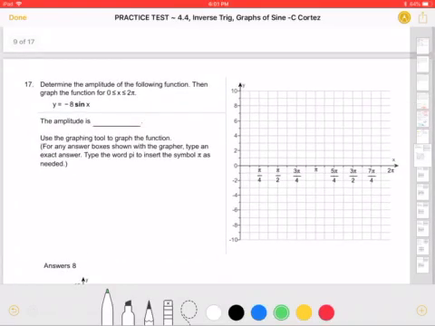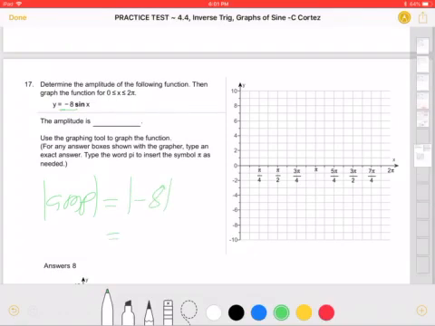Dealing with graphs now with sine. Recall that the term in front is our amplitude, and we always take the absolute value of our amplitude. So the absolute value of -8 is just going to be +8. So that's our amplitude. If we were going to graph this out, this would imply that we're going to do a normal period cycle, but in between 0 and pi, it should go up to 8.